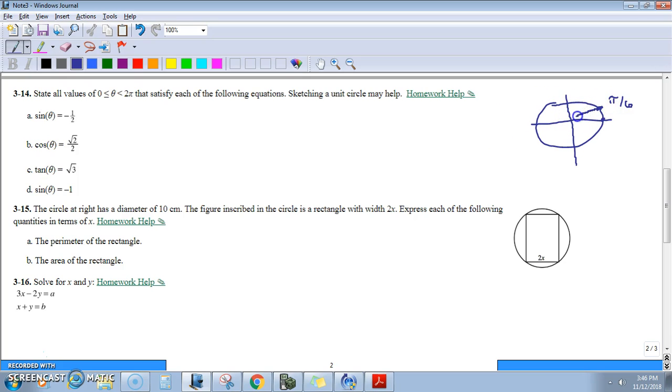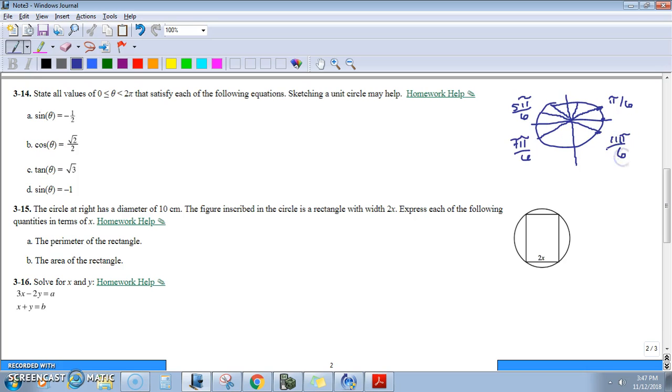Pi over 6 in this quadrant, pi over 6 in this quadrant, which is really 1, 2, 3, 4, 5 pi over 6. Then my reference angle 5 pi over 6, 7 pi over 6, and 8, 9, 10, and 11 pi. Oh, wait, I found something.